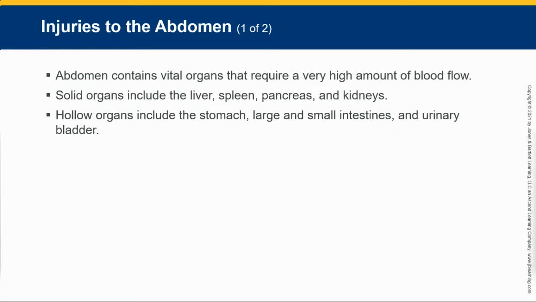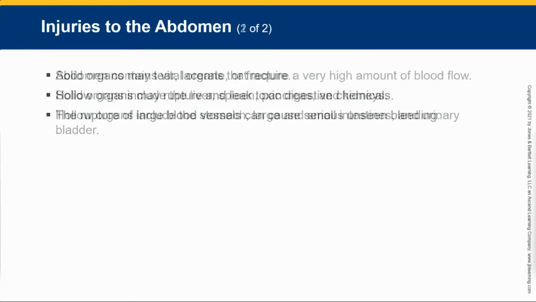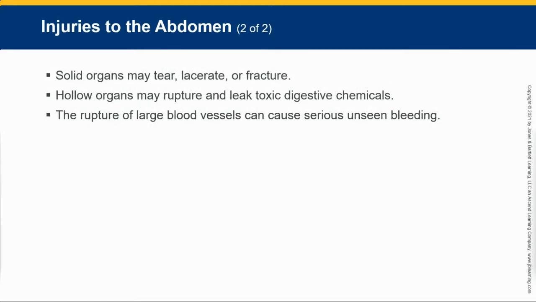Lots of internal bleeding can happen. Hollow organs such as the stomach and the intestines can be ruptured and leak gastric contents into the abdominal cavity, causing sepsis later on.